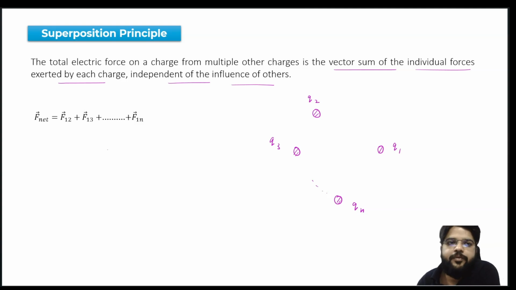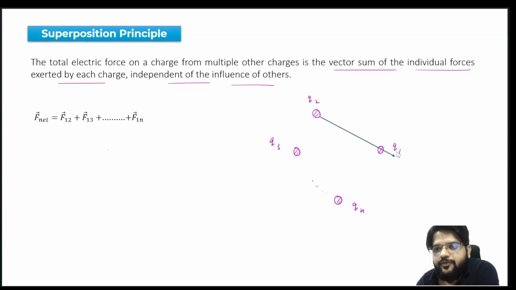First, according to the principle of superposition, we write the force on the first charge due to the second, which is F12. Then the force on the first charge due to the third, F13. Then the force on the first charge due to the nth charge, F1n.